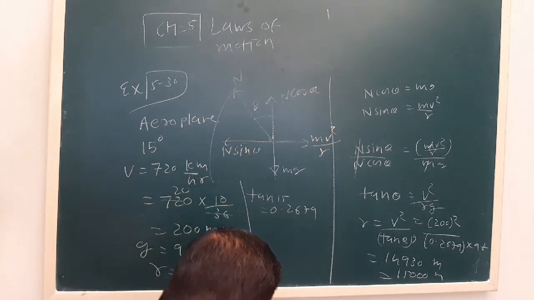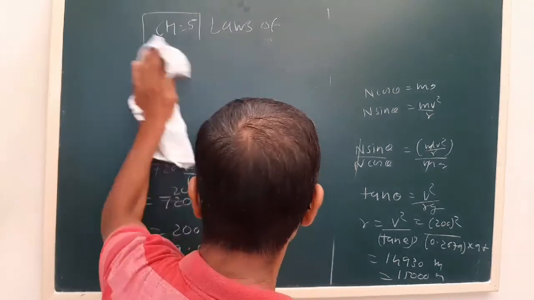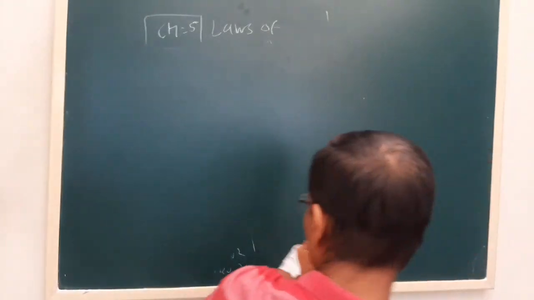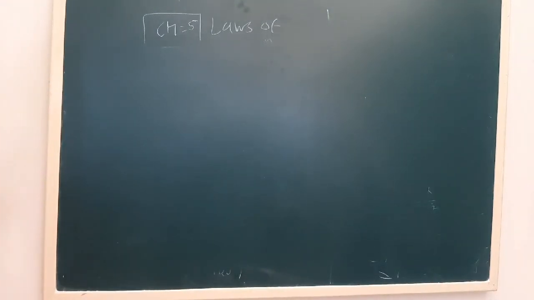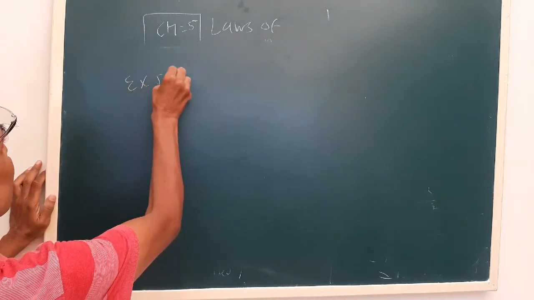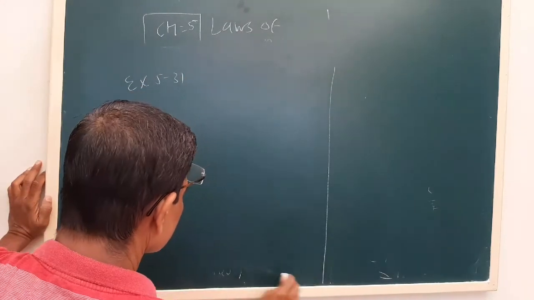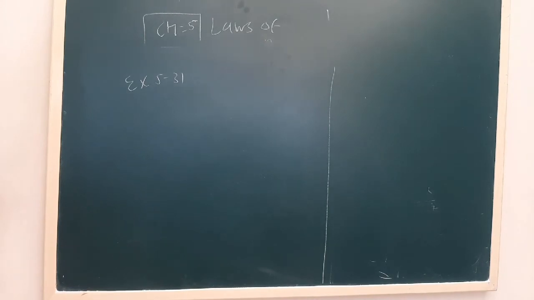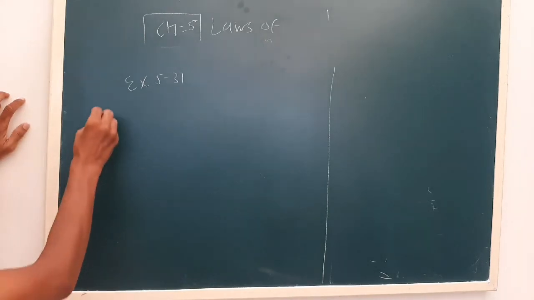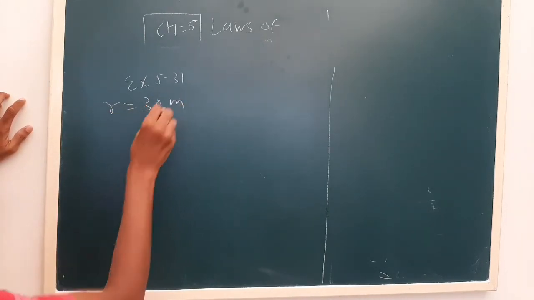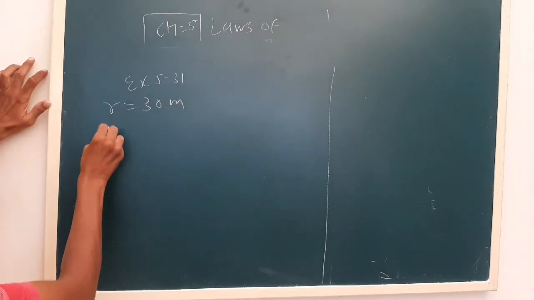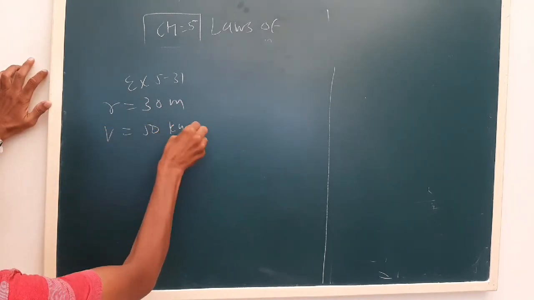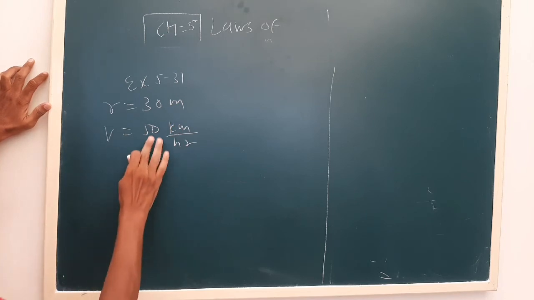Now one more numerical exercise. See here, a train moves on a circular path of 30 meters with a speed of 54 km per hour.